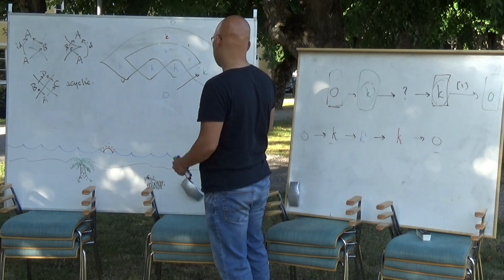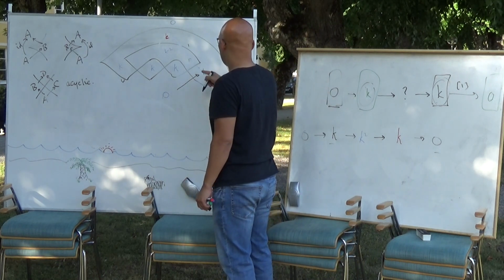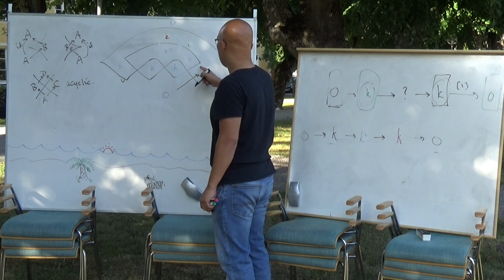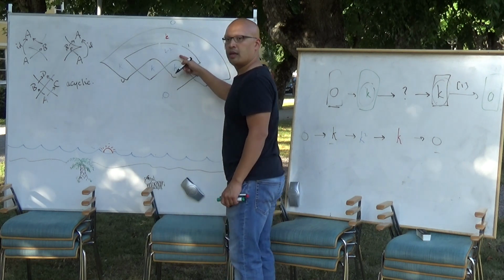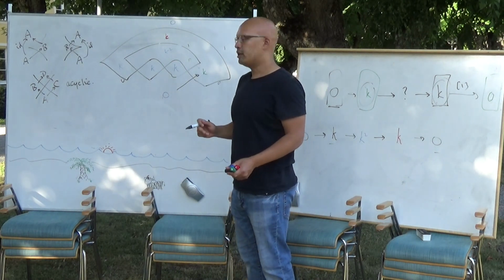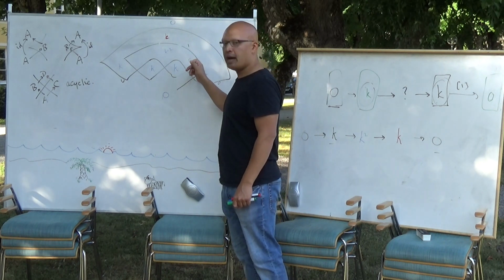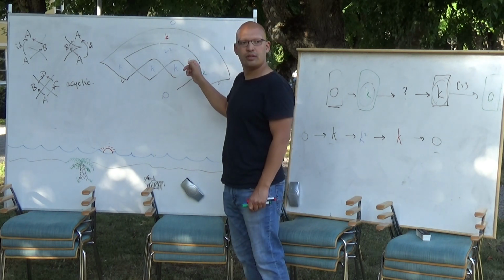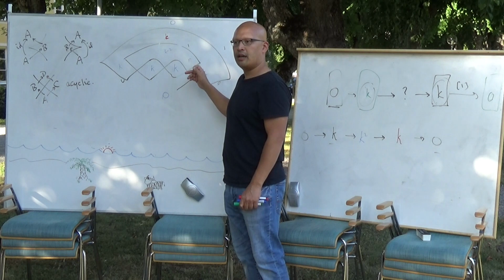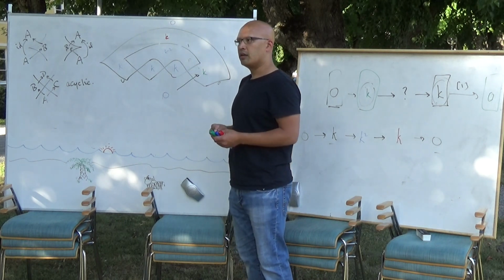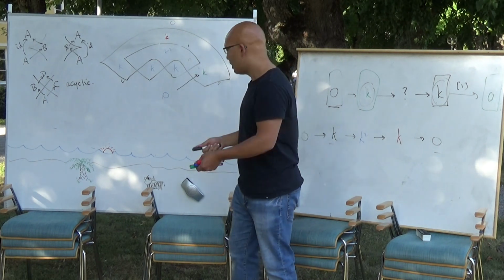So maybe I'll review. The cone over this morphism is supposed to be one-dimensional in degree given by minus the Maslov. That's the rule by which we make these things.